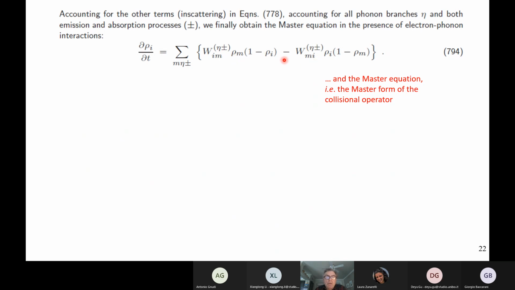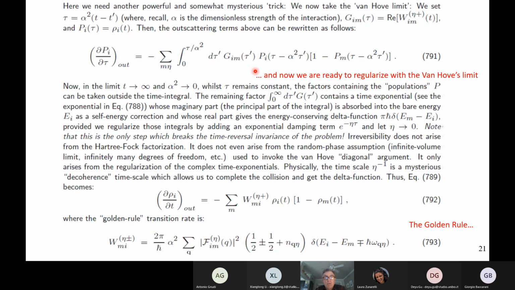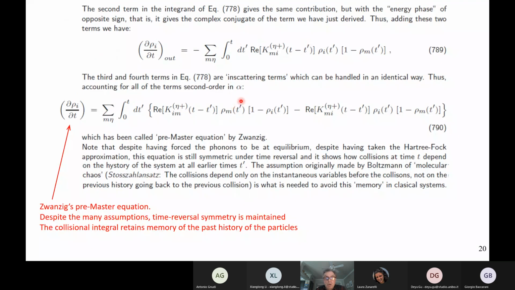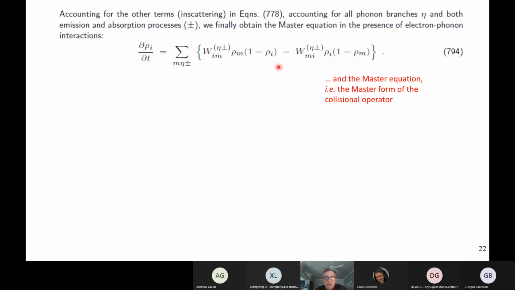I'm at a loss for words for saying what is the physics behind it. I'm very puzzled. I'll be glad to listen to any suggestion, but it looks like we have done the major conceptual step of moving from an equation that is invariant under time reversal to an equation which is fully dissipative, not time reversal invariant anymore.